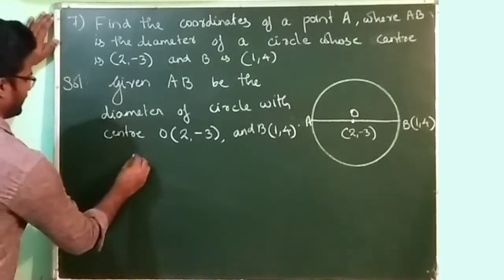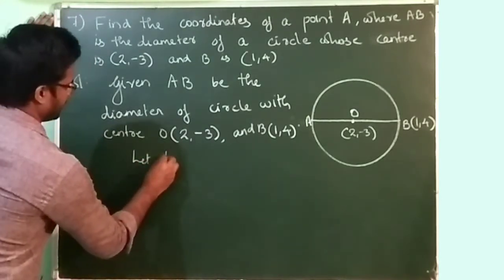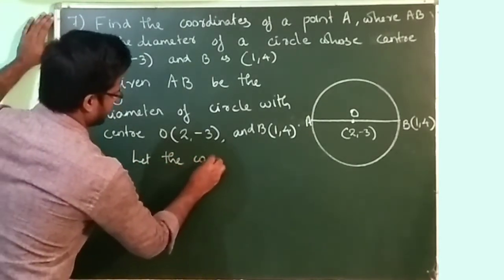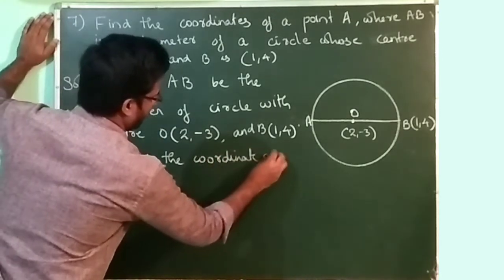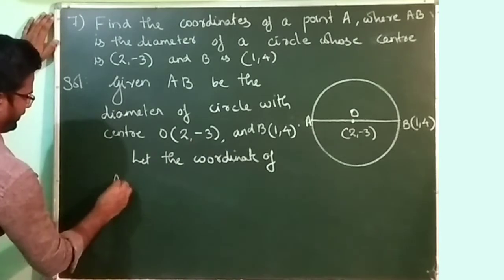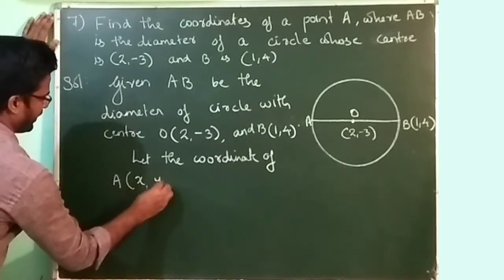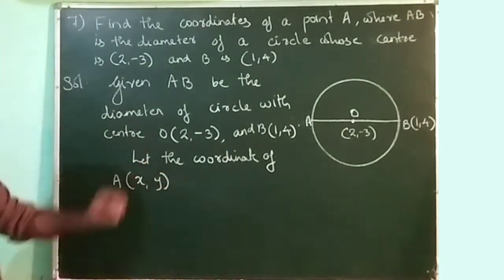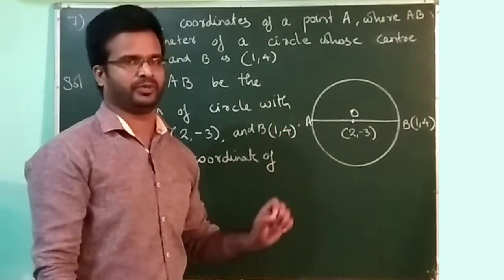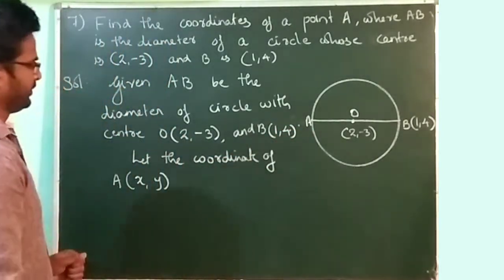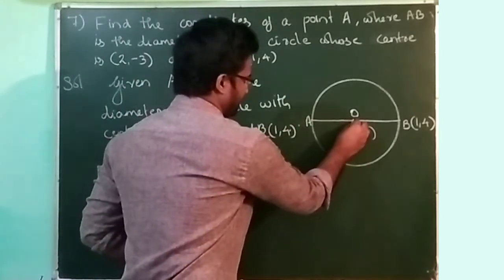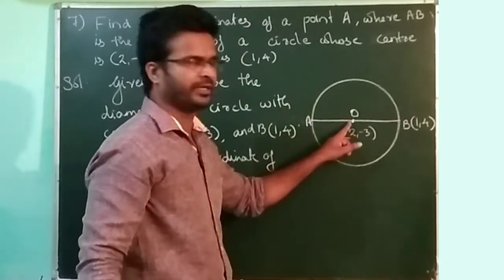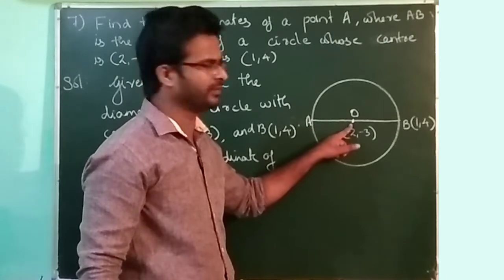We can take, let the coordinate of A be just consider (x, y). Then, you know, the center is the midpoint of AB only, correct middle, isn't it?